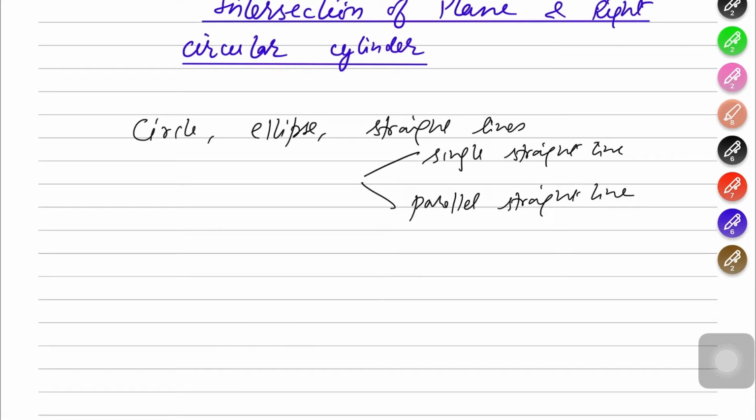So we already know the plane, and what is the right circular cylinder? We know the cylinder.